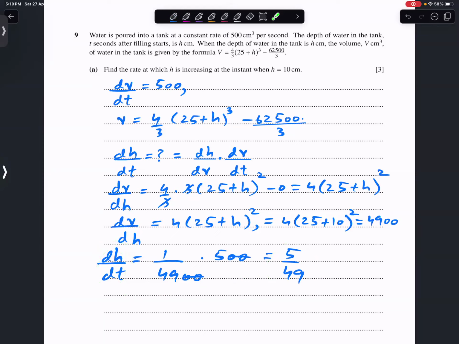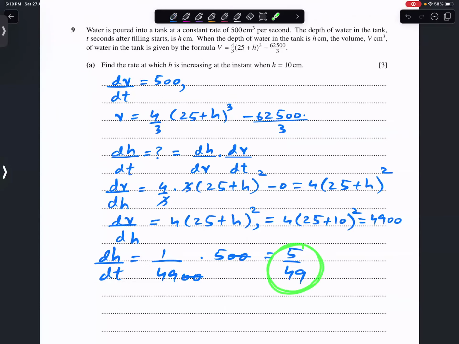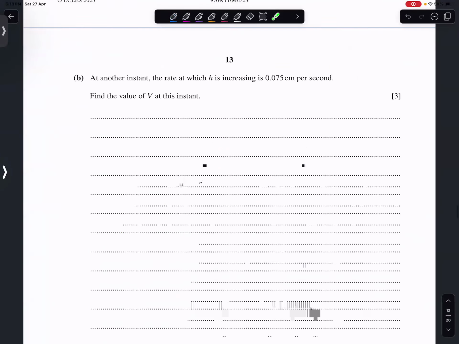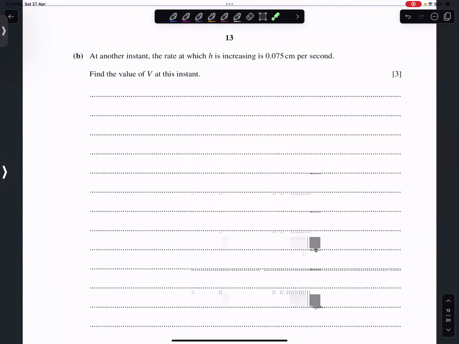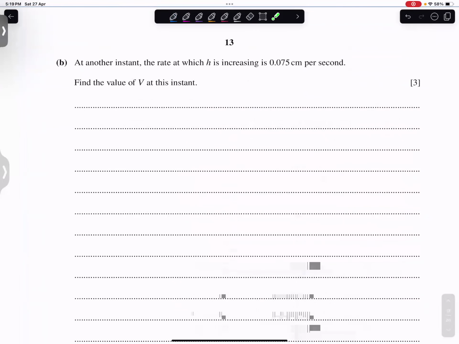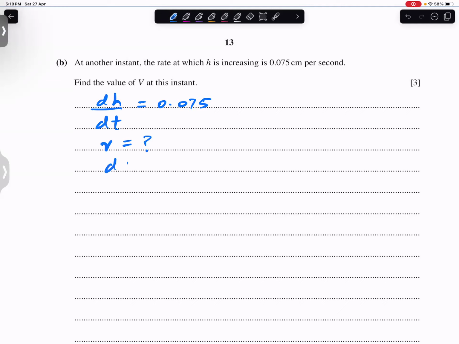Find the rate at which h is increasing. So this is the rate of change of h. At another instant, the rate at which h is increasing is given, dh over dt is 0.075. Find the value of v. Also, the rate of change of volume is given, and that was 500.